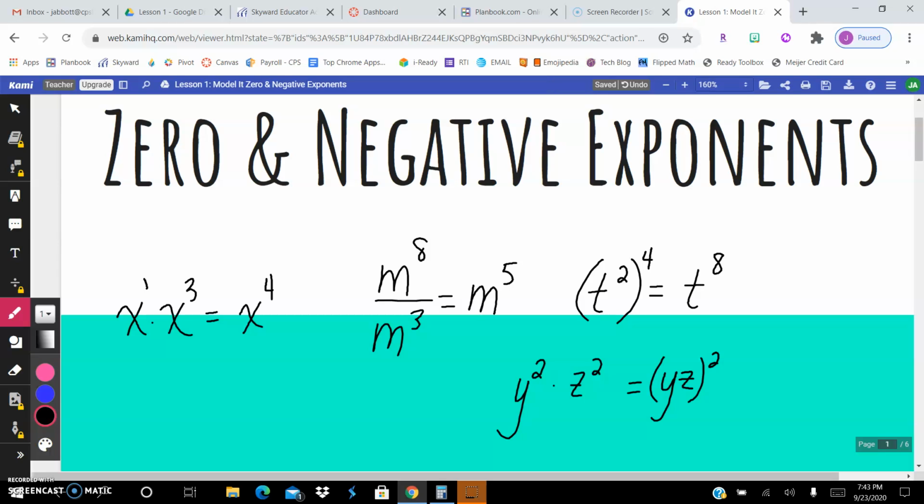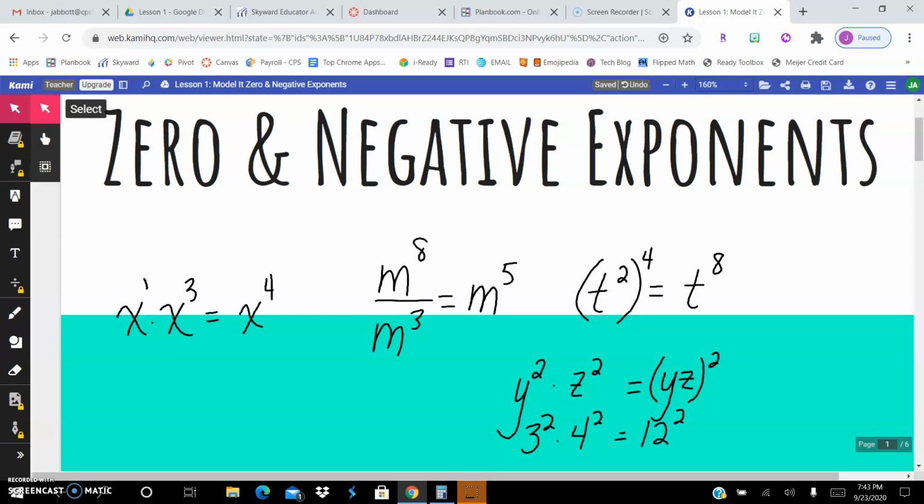So if, let's say that was numbers, we would have 3 squared times 4 squared. We would do 3 times 4, we'd get 12, and then we would keep the 2 as the exponent. Okay, so that's a review over the things that we've talked about so far with exponents. Now we're going to move on with a zero exponent and negative exponents.